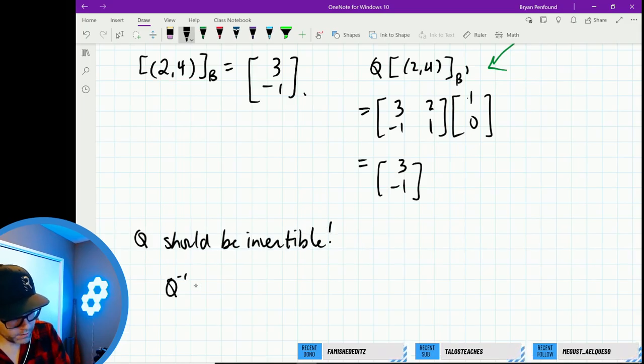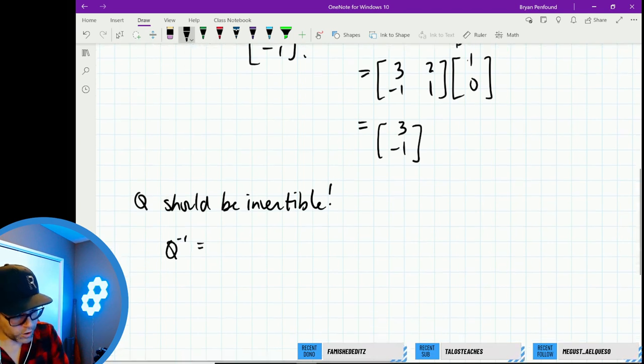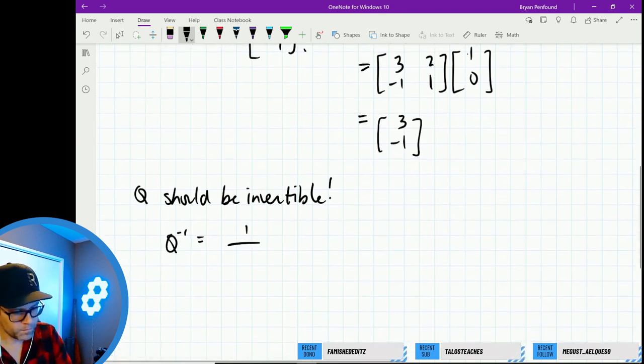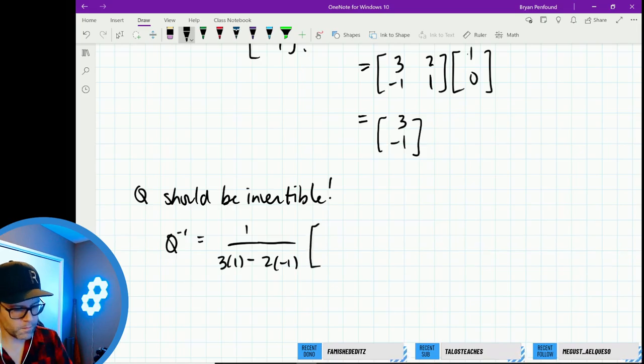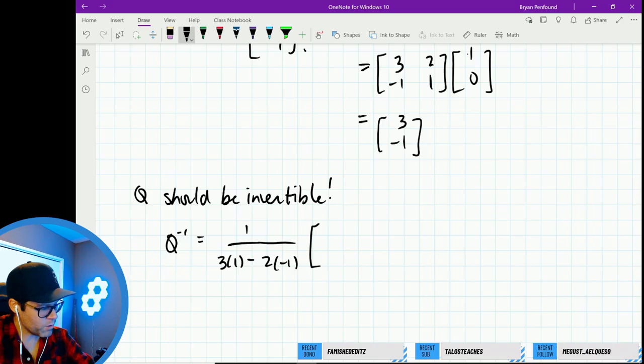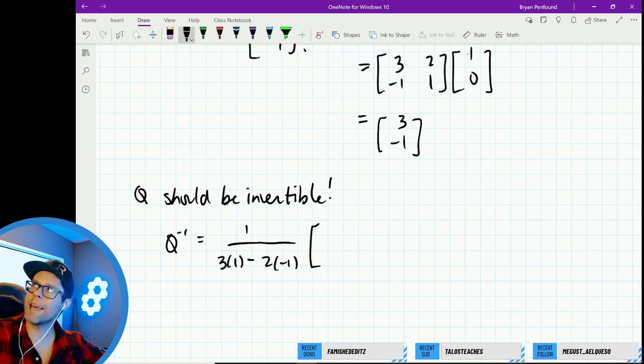Now, theoretically, Q should be invertible. So what is the inverse of Q? It should be 1 over 3 times 1 minus 2 times minus 1. Here I'm just using a quick 2x2 inverse formula. We haven't really talked about determinants yet; that's coming at the end of January.